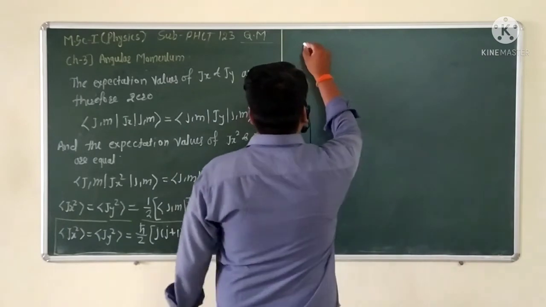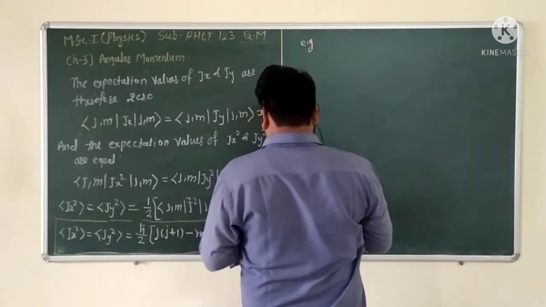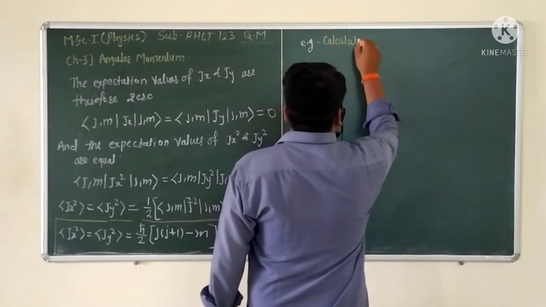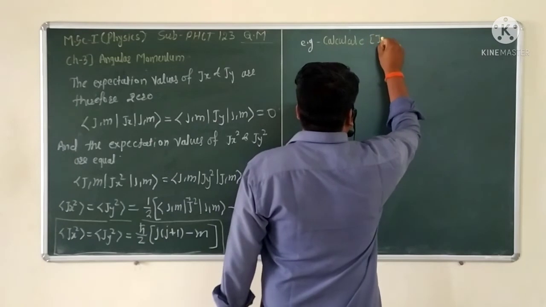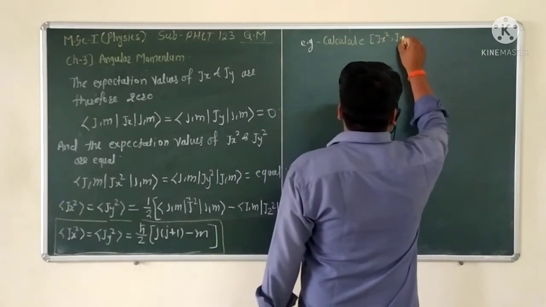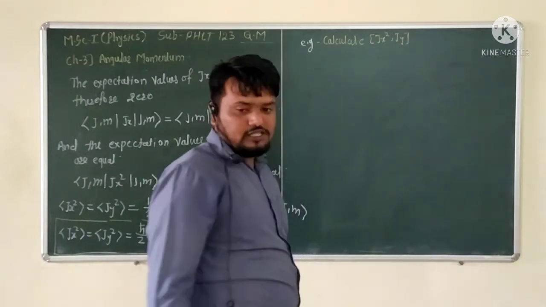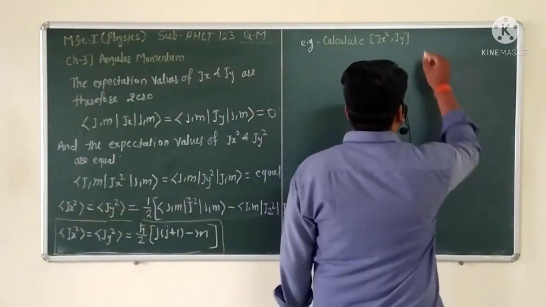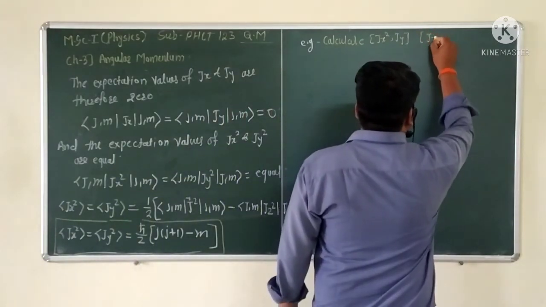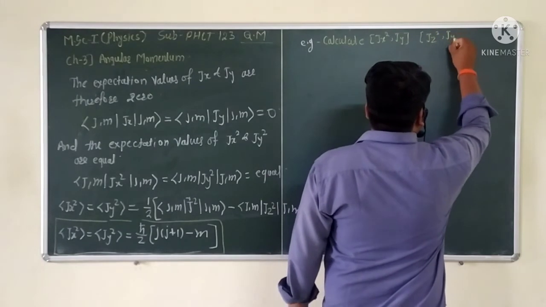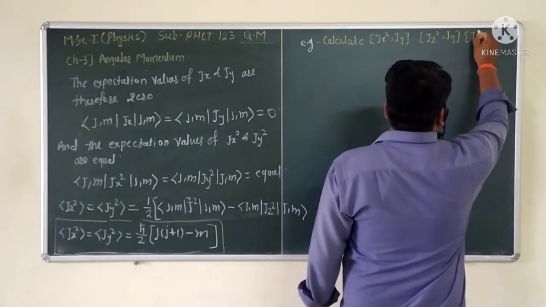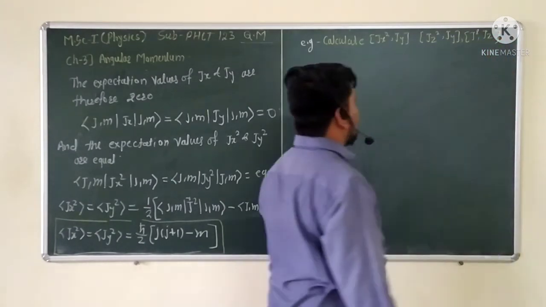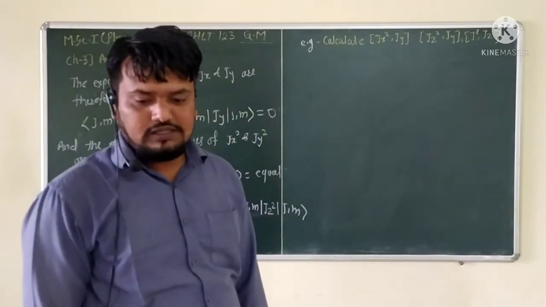Calculate Jx square, Jy, then the next commutator relation, which is Jz square, Jy, and next which is nothing but J square comma Jz.